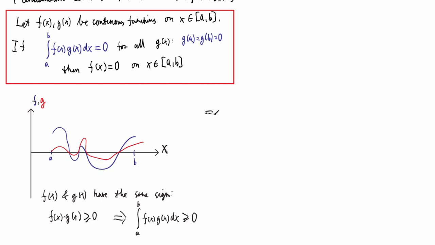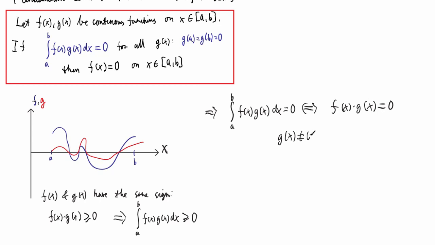So we have the integral from a to b of f(x) g(x) dx equals 0. That corresponds to f of x times g of x equal to 0. Since g of x is not 0, this gives us that f of x equals 0.